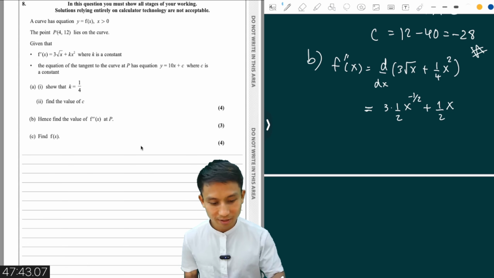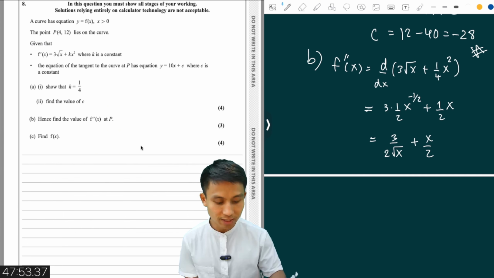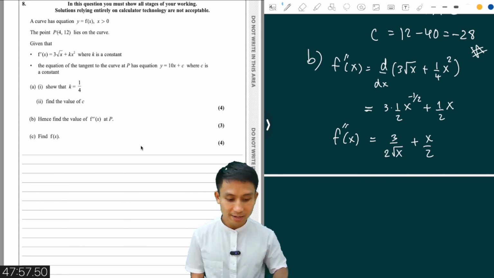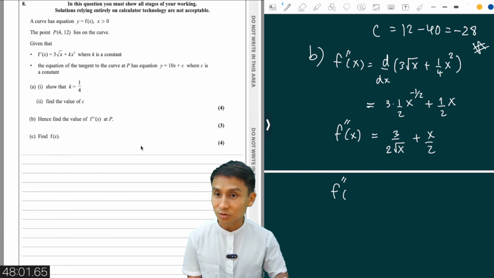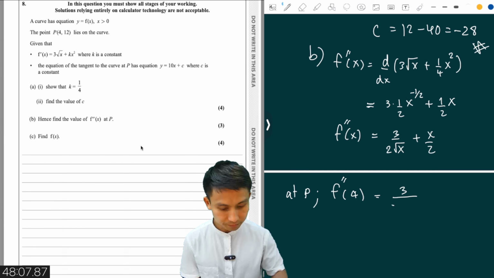So that's just 3 over 2, x to the power of a half. I should write it as maybe put x down here and x over 2 like that. Okay, that's f double dash x. And at P, so f double dash x at P, x coordinate of P is 4. So it's just going to be that.